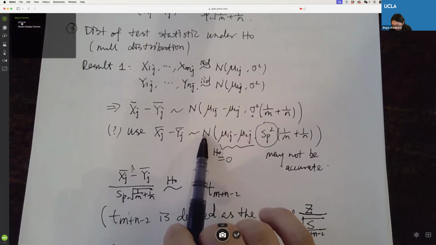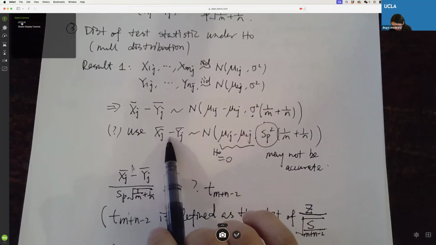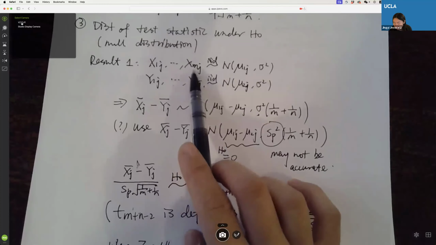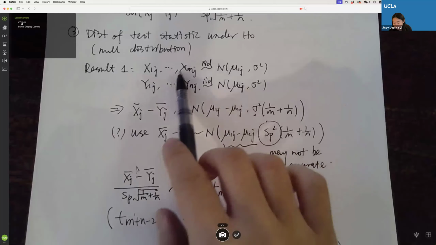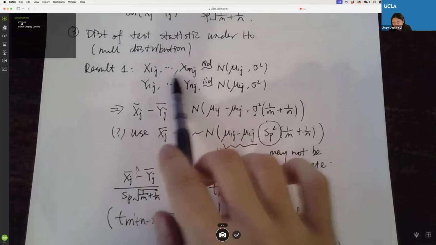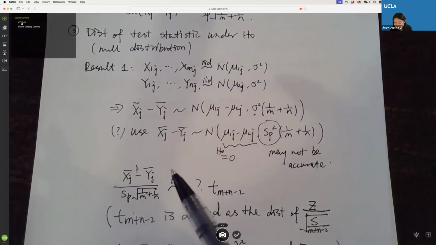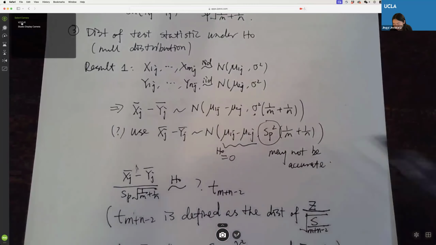By saying asymptotically, we mean the sample sizes are big, so we can apply the central limit theorem to have normality. So either the data are normal-like, so you have a small sample size but can still assume normal distribution, or the data may not be normal-like, but you have a large sample size, then you can use the asymptotic normal approximation.